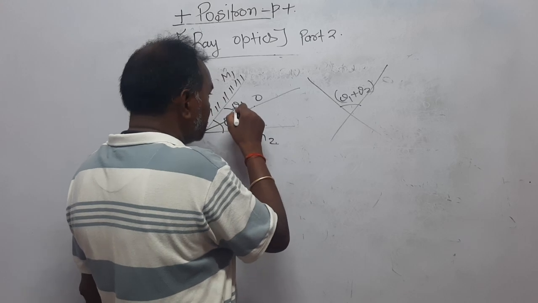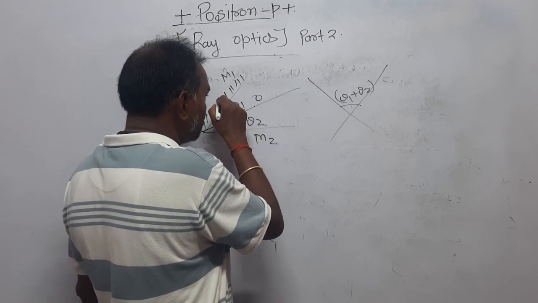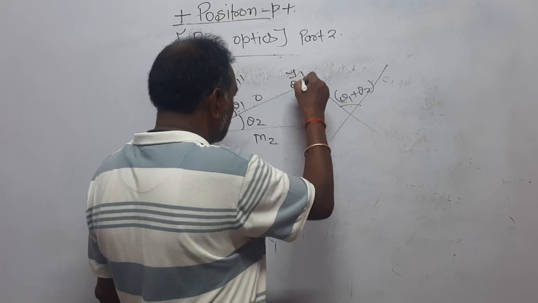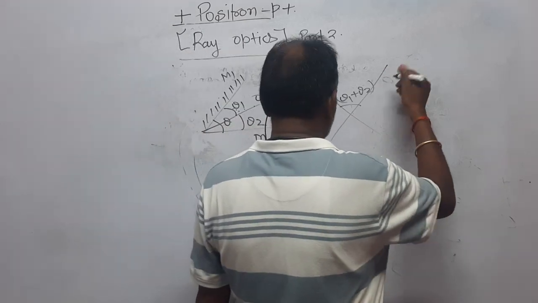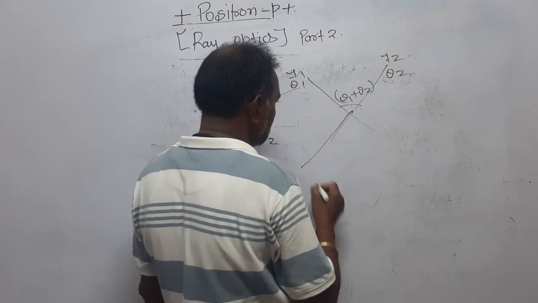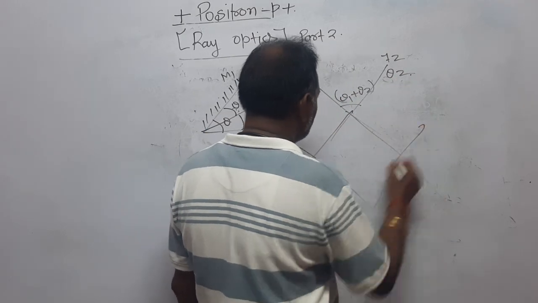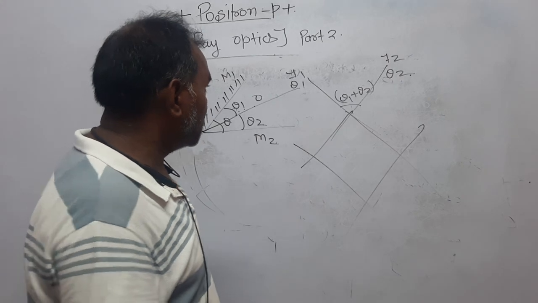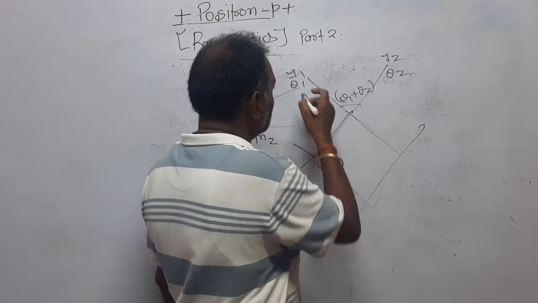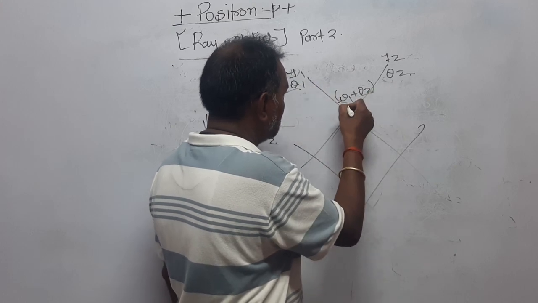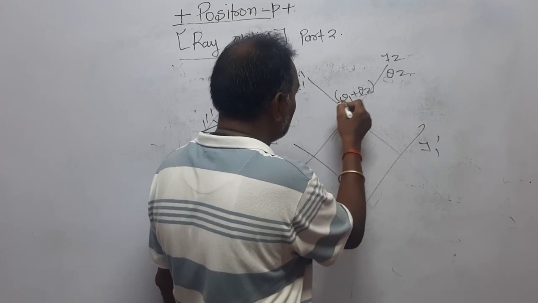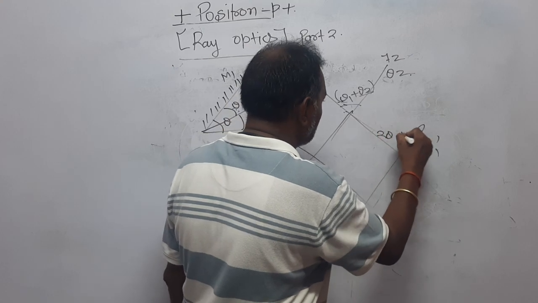This was at theta 1 angle from mirror M1. So the first image will be made at theta 1, and by this at theta 2 angle. Dear students, the next image, I1 dash, will be at theta 1 plus this, that is 2 theta 1 plus theta 2.